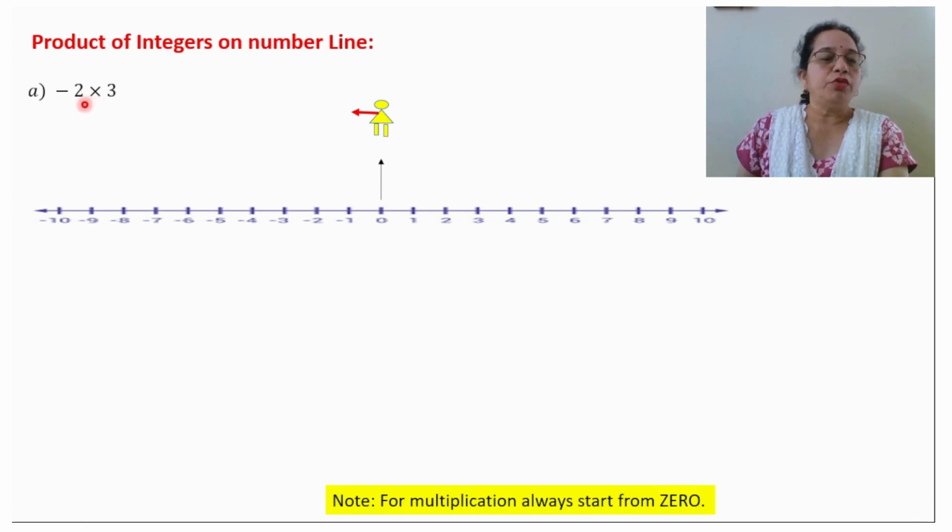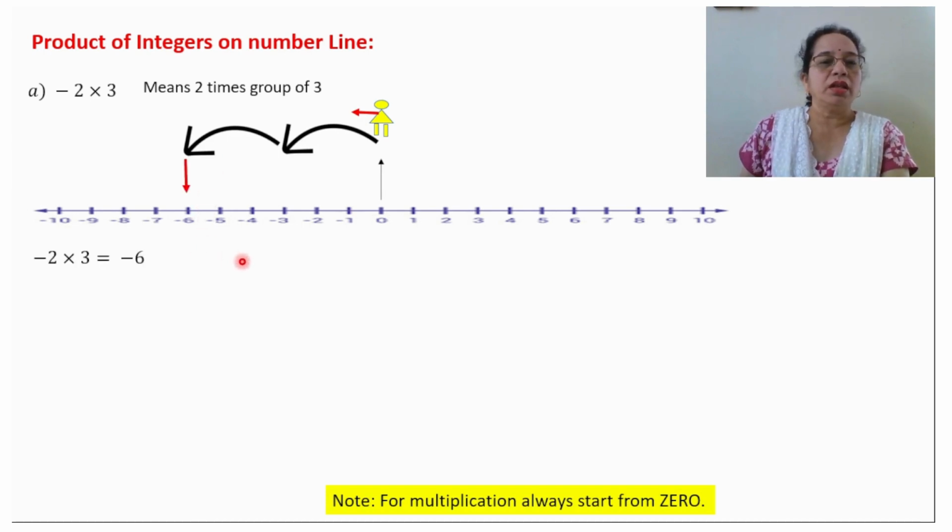What is the meaning of 2 multiplied by 3? 2 times a group of 3. So 2 times 1, 2, 3. This is one group. Once again we will make one more group. So 2 times, this is 1 time, this is 2 times, and your answer is minus 6.